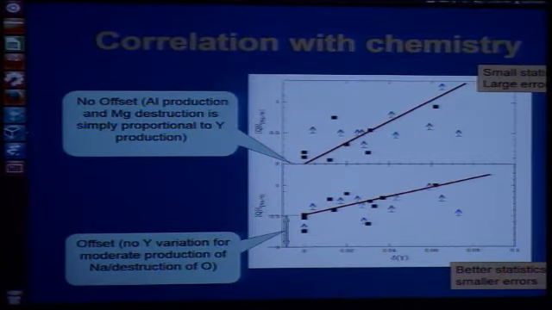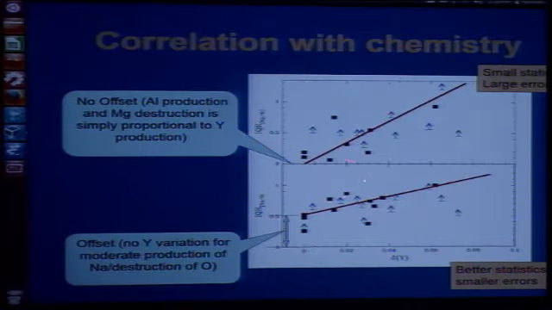Of course, this is not unexpected, because we know that there is a correlation between the extension of the oxygen-sodium distribution and the color of the bluest star on the horizontal branch. So this is not unexpected, but this is shown here.